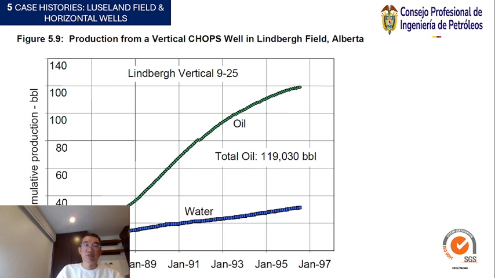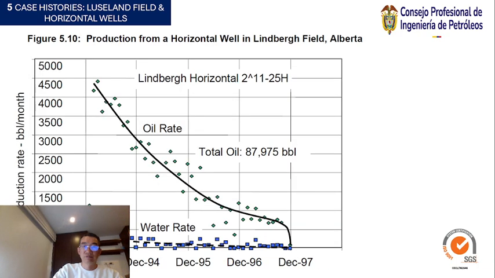Figure 5.9, production from a vertical CHOPS well in Lindbergh field, Alberta. In this field, we see a good result for CHOPS. Figure 5.10, production from a horizontal well in Lindbergh field.